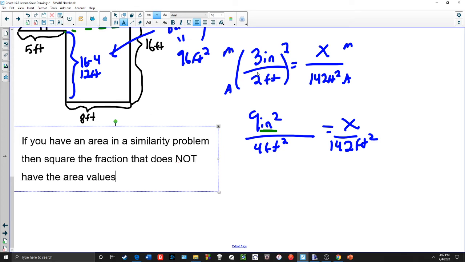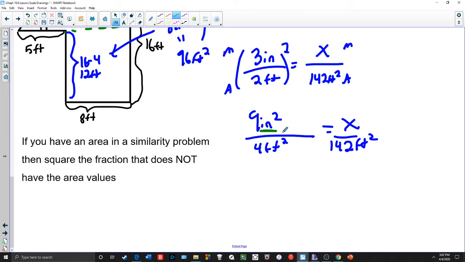So that's why I squared this fraction here, because these were not area values. These were linear values. So I squared the non-area values, and now I can go ahead and cross multiply to my heart's content.